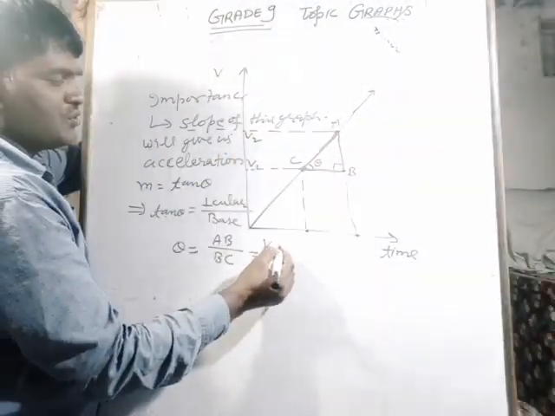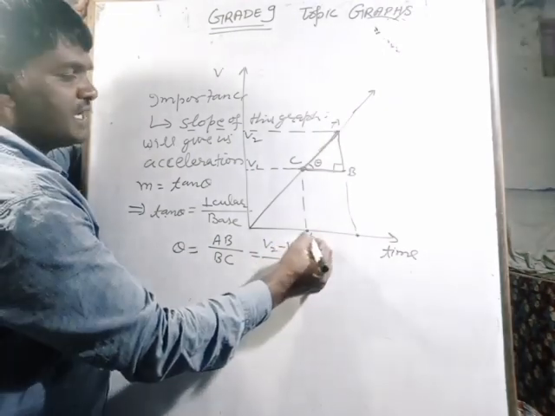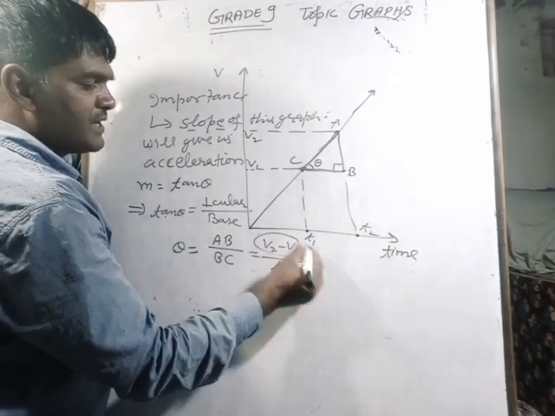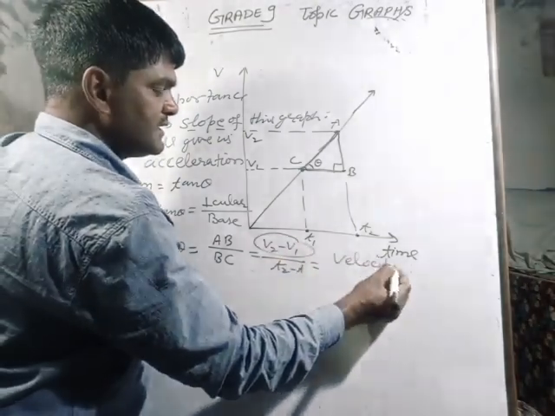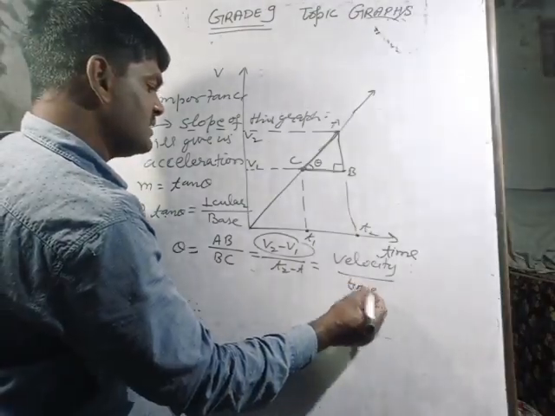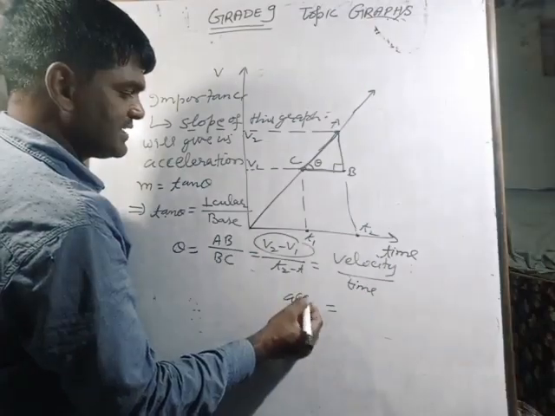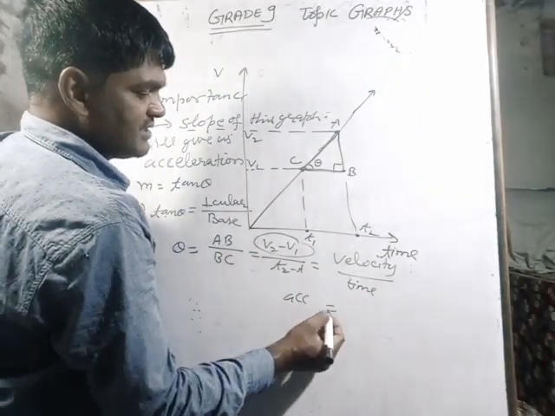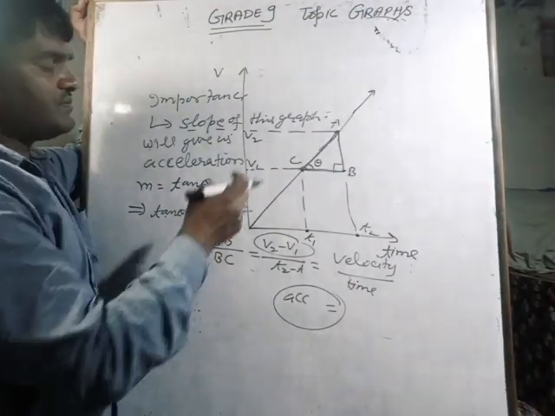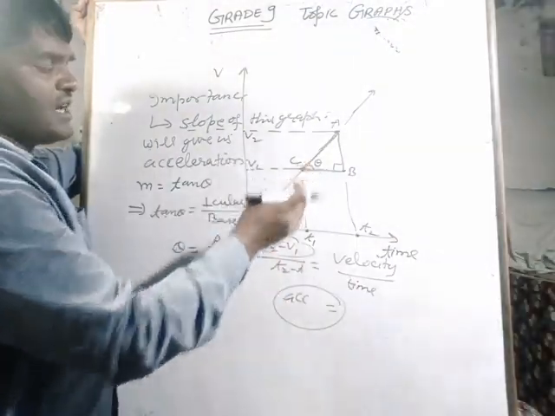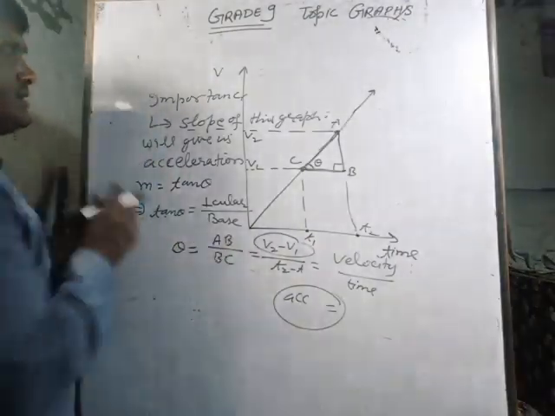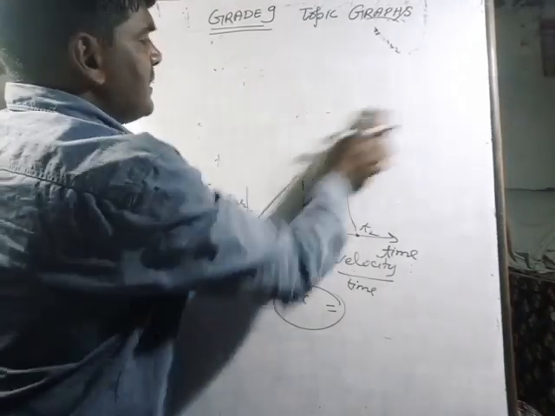So it is V2 minus V1 divided by T2 minus T1, where T1 and T2 are the times. The difference of velocities is velocity, and the difference of time is time. So velocity upon time is known as acceleration. This is how we can say that for uniformly accelerated motion, the slope of this graph will give us acceleration.